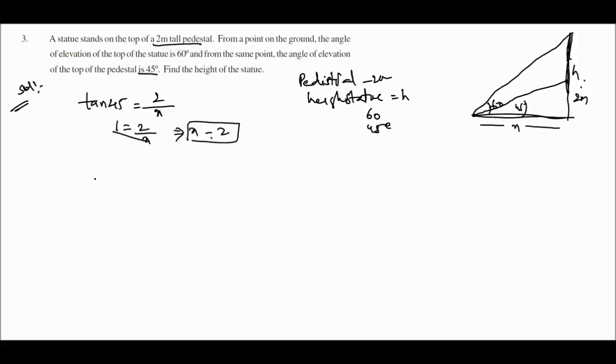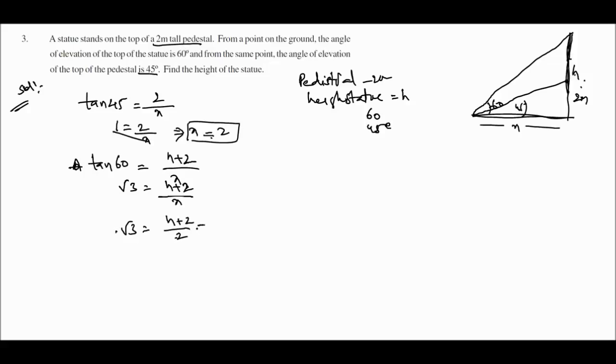Another thing we have to find is tan 60. Tan 60 is equal to (h plus 2) divided by x. Tan 60 is equal to root 3. So root 3 is equal to (h plus 2) by x. Since x is equal to 2, we substitute: root 3 is equal to (h plus 2) divided by 2.